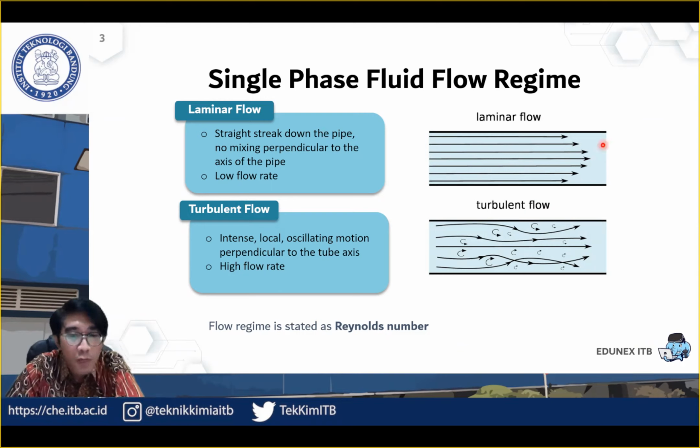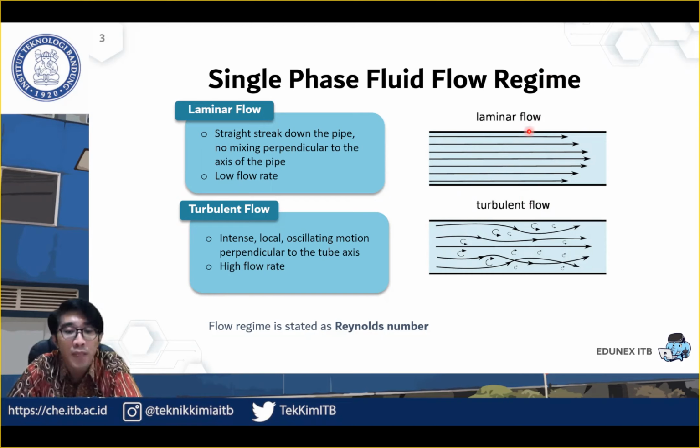So when you apply force to the liquid or to the gas, or to the fluid, then the fluid will start to flow. And depending on how much force you apply, and how much friction force or any resistant force is given back from the fluid, then the liquid will have a certain what we call flow regime.